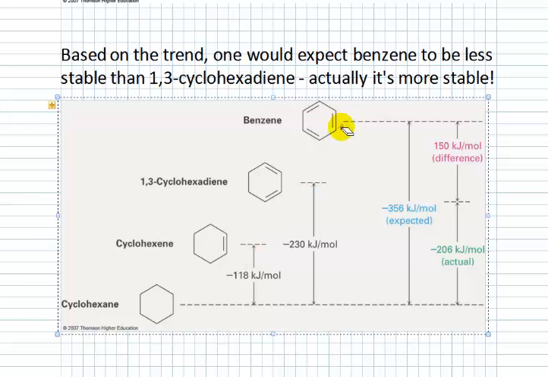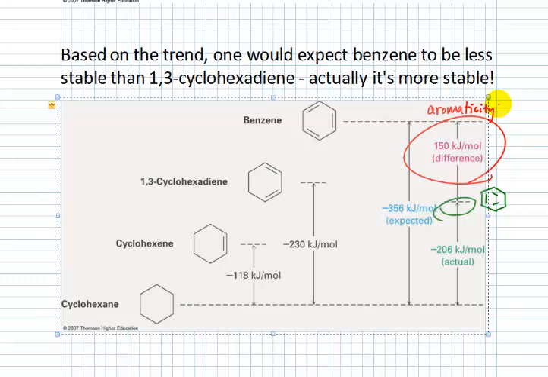We might expect benzene with 3 conjugated double bonds to be less stable yet, higher in energy yet, but it turns out that actual benzene is lower in energy than cyclohexadiene itself. Okay? So that means our aromaticity has gotten us 150 kilojoules per mole, for a fairly significant amount of stabilization that is afforded by that benzene.